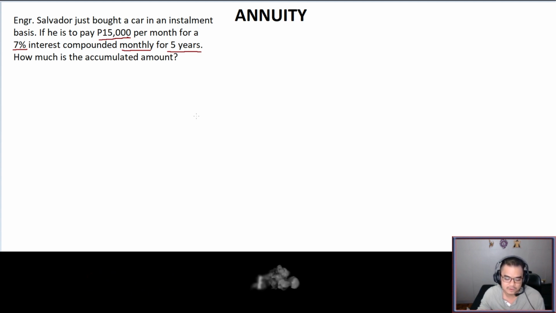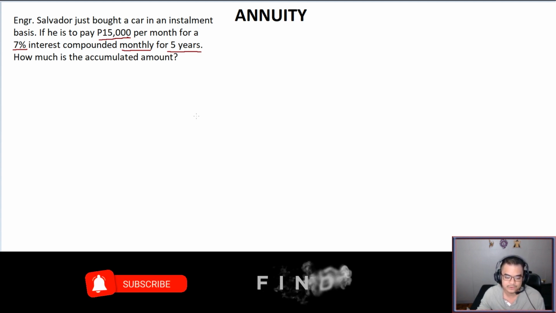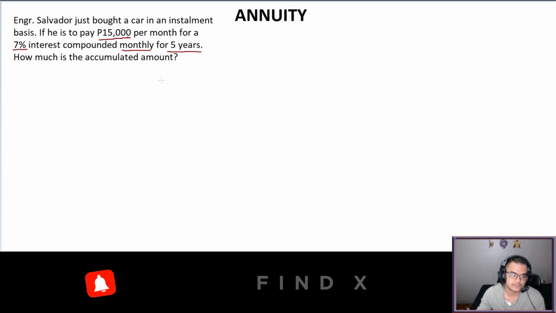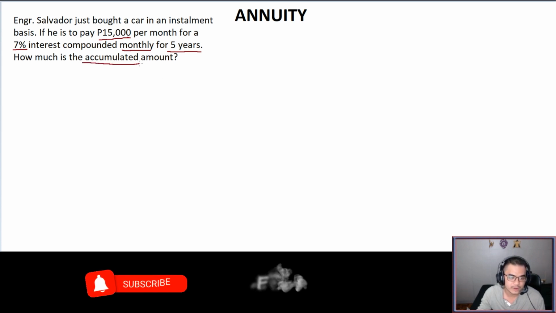So if the car is 5 years to pay, you are paying every month for the whole 5 years. From the word accumulated, we are looking for the future worth. Okay, so let's go to the problem.